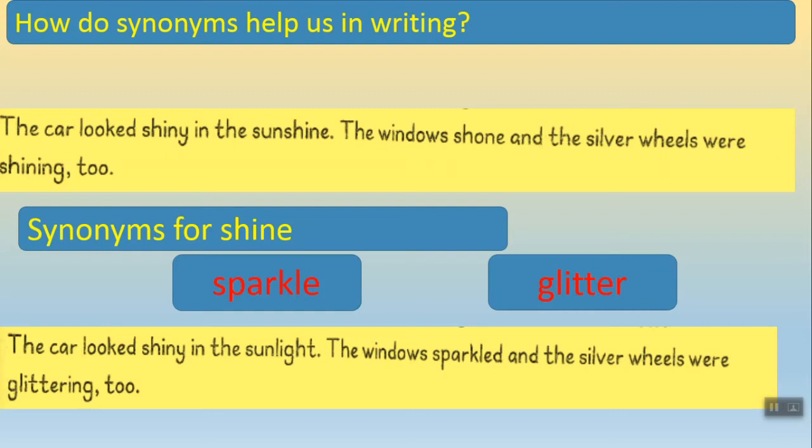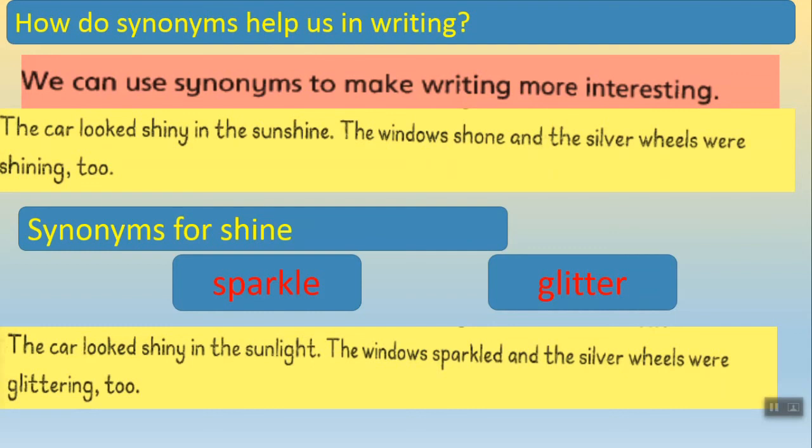The first with repetition or the second with synonyms? Yes, of course, those with synonyms are more interesting. So we can use synonyms to make writing more interesting.